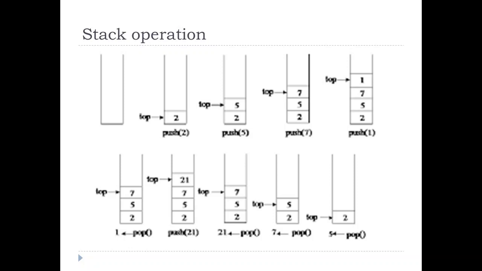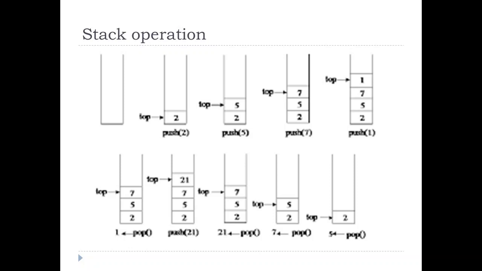Once 2 is inserted, top of the stack will point to this. Then we do the next operation, push data item 5. Once we insert 5, it will be inserted after 2, and this will be pointed to by top of the stack.